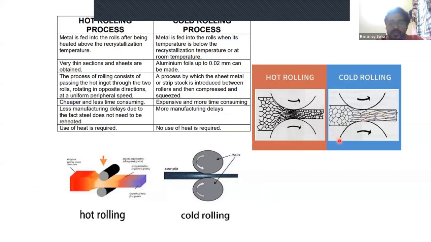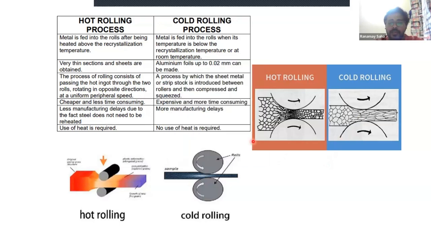So that may cause high differences in the properties of the initial and final product which we get out of the rolling process in case of hot rolling. Whereas in cold rolling, you get less distorted material, and much of the properties remain constant or undisturbed after your cold rolling process.